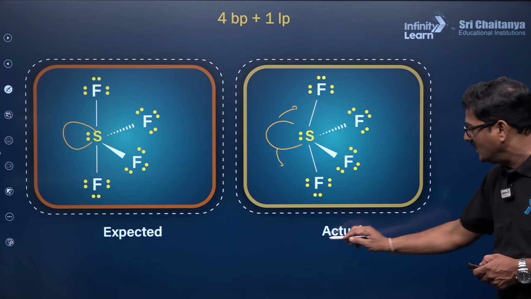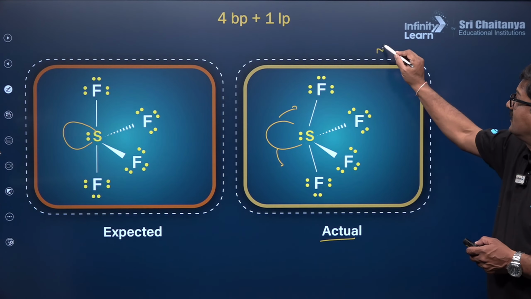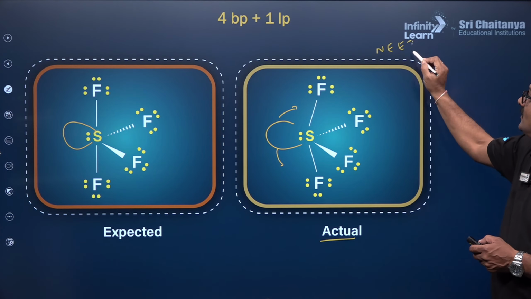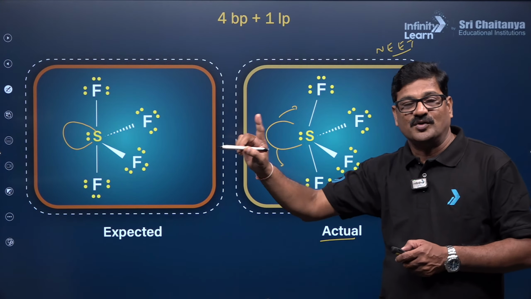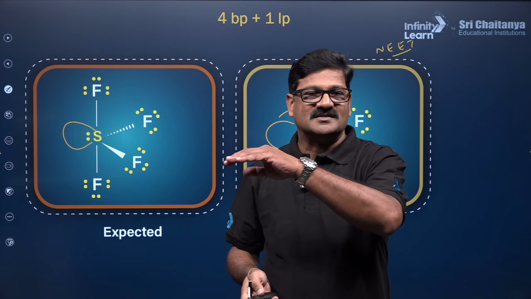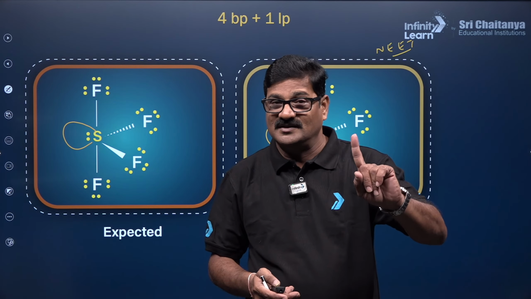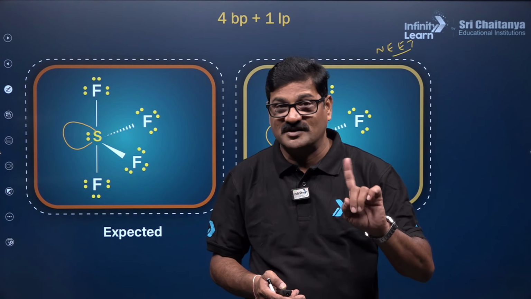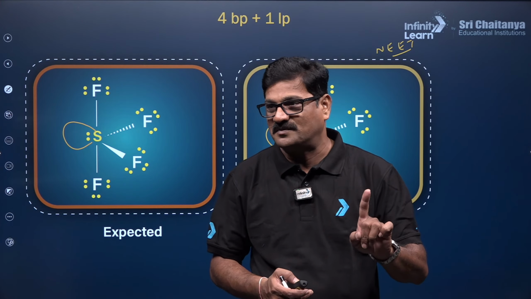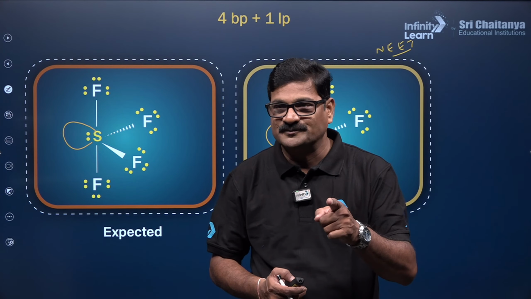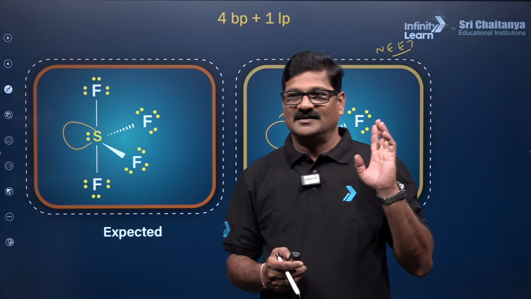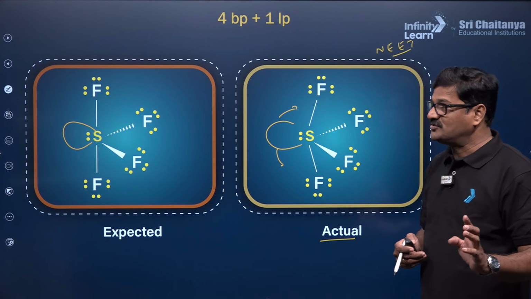That is important. In the actual structure, there are tricky things. In the presence of a lone pair, you never get a 180 degree angle, mind it. Even in ClF3, the T shape is not perfect. Are you getting it or not? Clear? That's very important, my dear children.